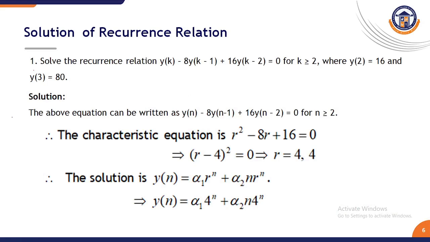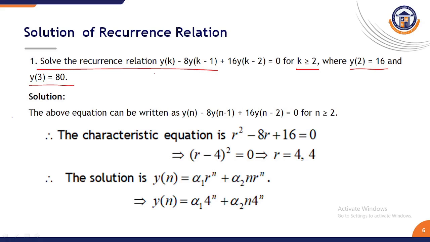Now the problem is to solve the recurrence relation y of k minus 8 into y of k minus 1 plus 16 into y of k minus 2 equal to 0, where k is greater than or equal to 2, with the initial conditions y of 2 equal to 16 and y of 3 equal to 80.